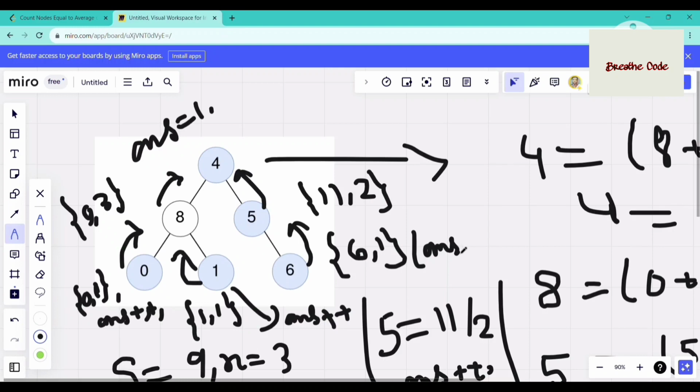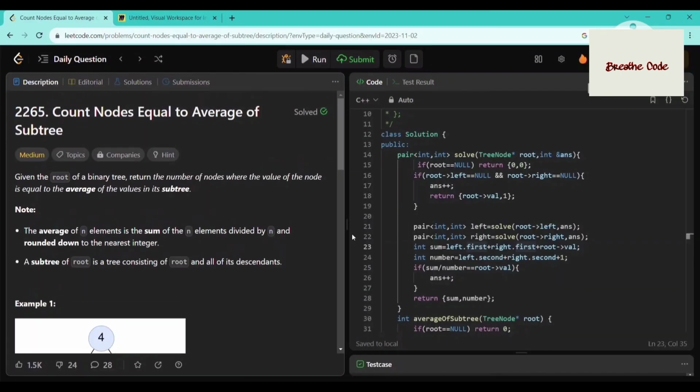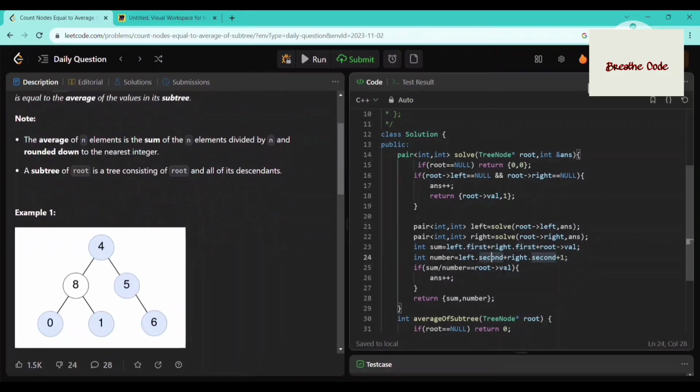This answer is 1, then answer here will be 2, and then answer here will be 3. Here also I will increment my answer, so plus plus. Here also I will increment my answer plus plus. Sorry for the bad handwriting. And here also my condition will become true, and answer will be incremented. Answer plus plus. So answer for this test case will be 6.